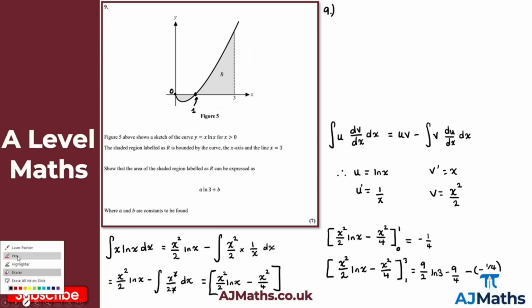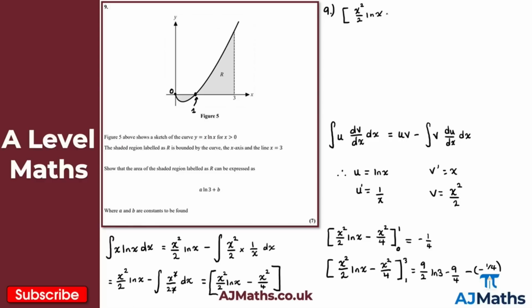So let me just finish it off at the top here. We had x squared over 2 ln x minus x squared over 4. It feels a little bit tedious having to do all this again. But from 1 to 3, like we said, that was 9 over 2 ln 3 minus 9 over 4.